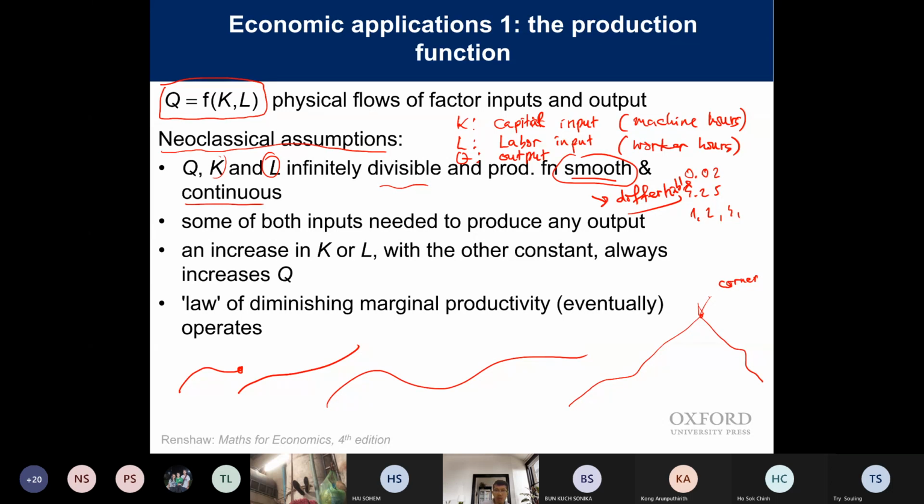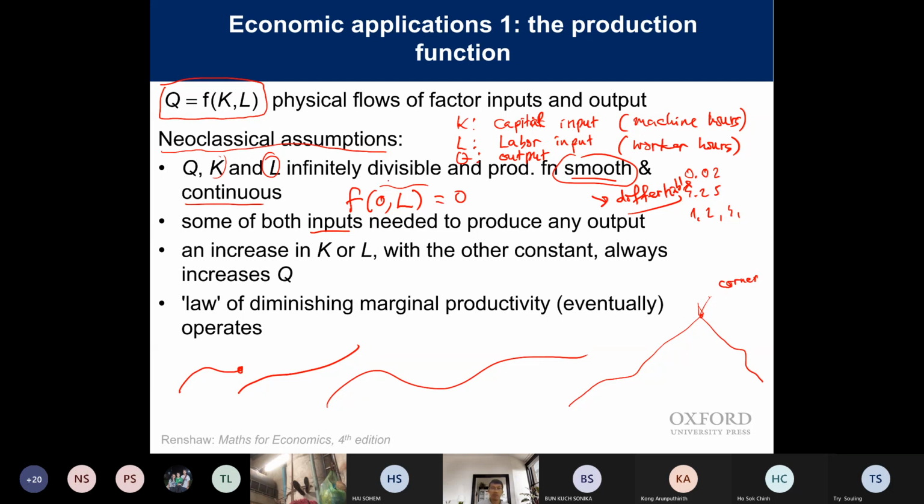And one more thing is that we need both inputs, K and L, to produce output. This means that if one of them is zero, let's say the capital is zero, even if you have the labor, you cannot produce anything.